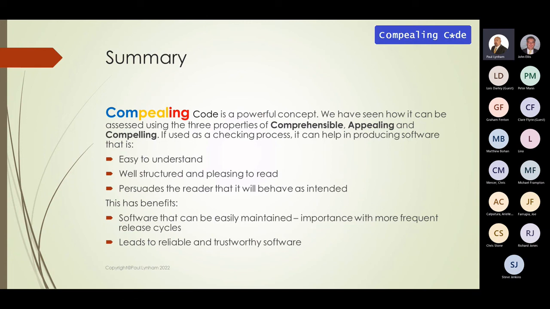And if you use it in a check-in process, then it can produce software which is easy to understand, is well structured and pleasing to read, and it persuades the reader that the code will behave as intended when it runs.